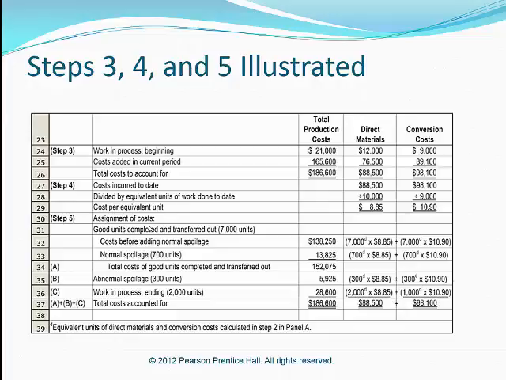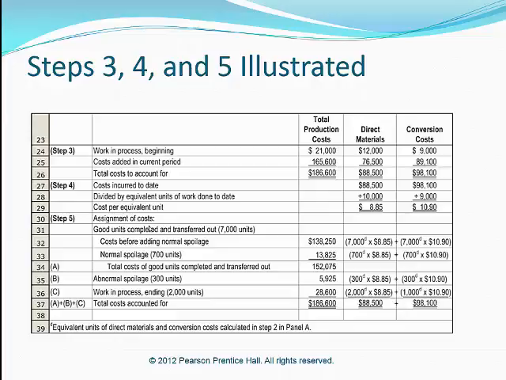And those 2,000 units were only 50% converted, giving us an equivalent units total of 1,000. 1,000 times that cost per equivalent unit of 1090 would give us a number, and if we add those two together, we would have the remaining work in process ending balance of 28,600.